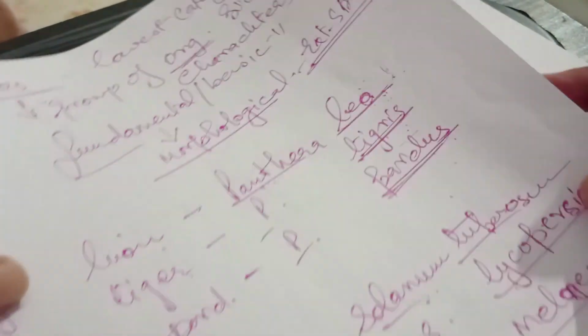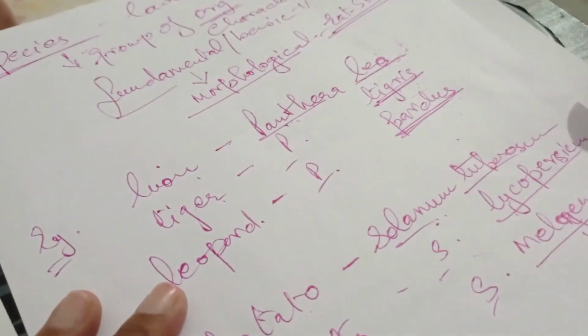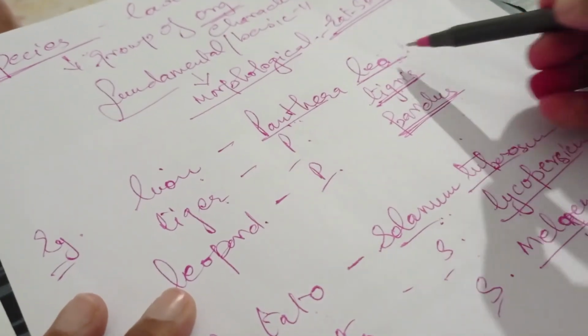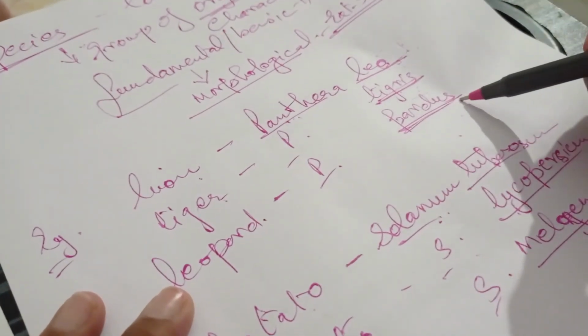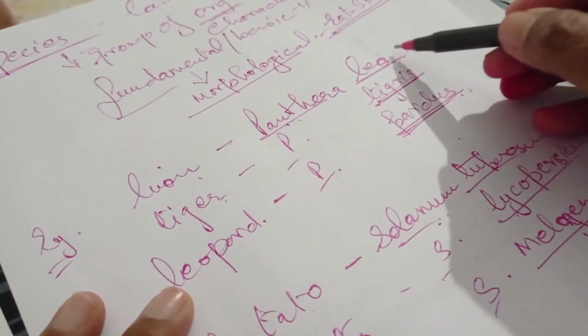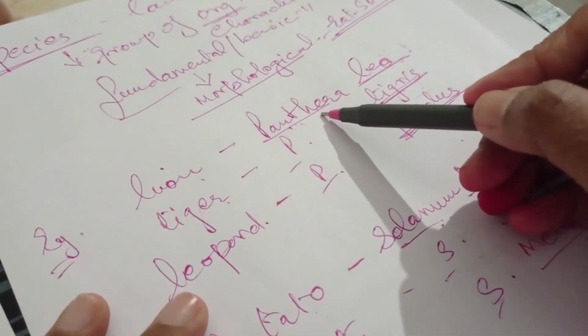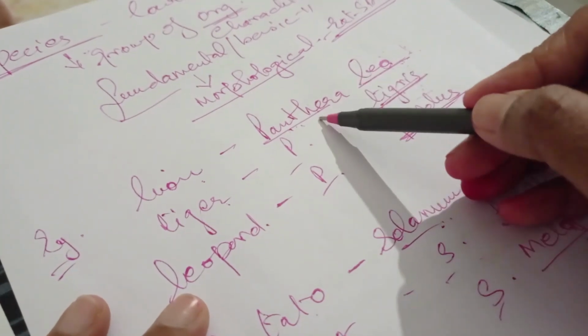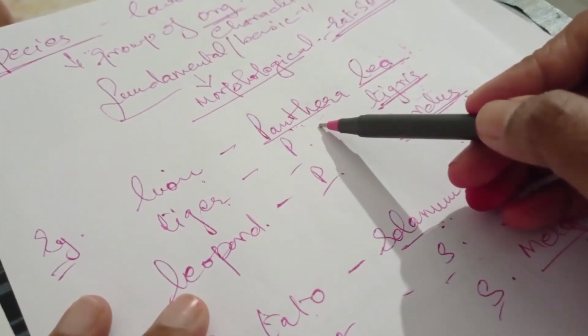As I just told you, Panthera leo, Panthera tigris, Panthera pardus. All three are different species, and similarly there are many more. But all of them have one thing in common. What? Panthera. What is Panthera here? It is the name of the genus.